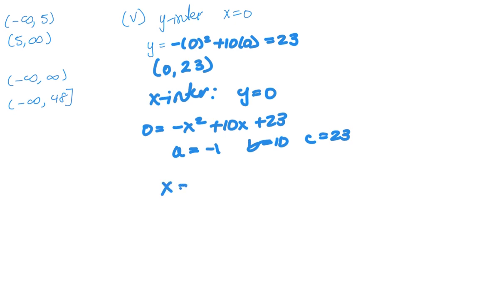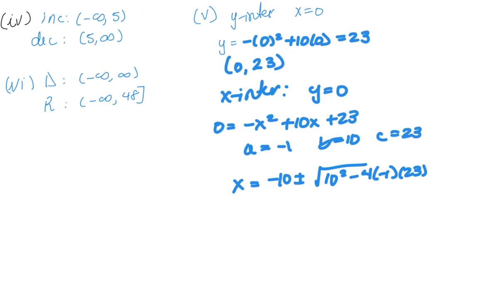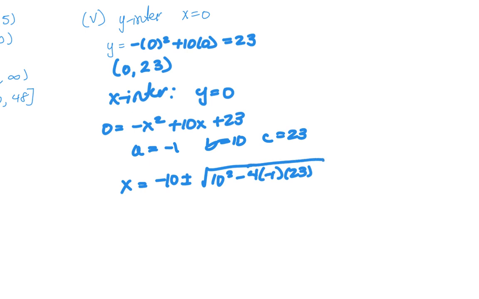So x is going to be equal to, sorry, back up, the quadratic formula: negative 10 plus or minus the square root of b squared, which is 10 squared, minus 4 times a, which is -1, times c, which is 23, all over 2 times a.